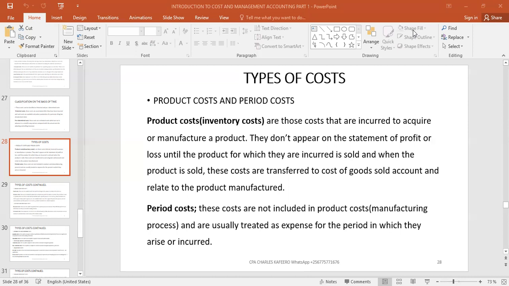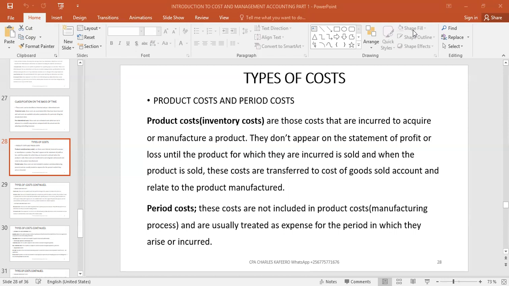Those are the inventory costs or the stock costs. These are costs that are incurred to acquire or manufacture a product. These are the production or manufacturing costs. These are the ones that are directly involved in the manufacture of a product.